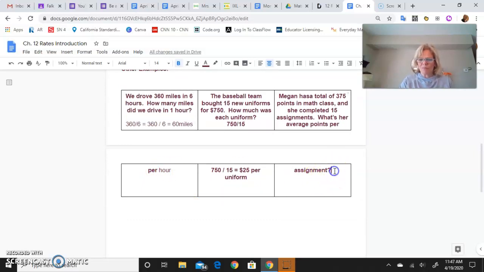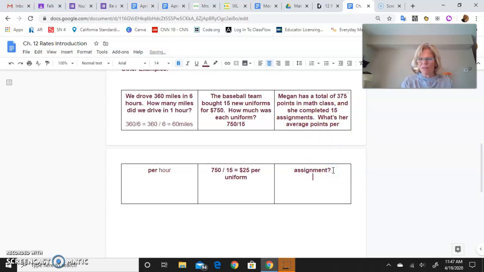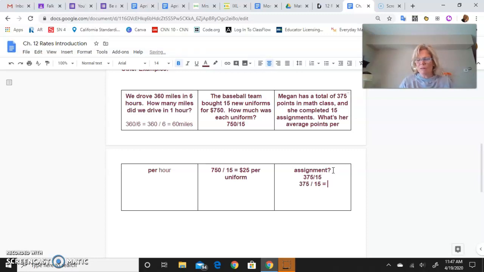Okay, last one. In math class, Megan has a total of 375 points in math class, and she has completed 15 assignments. What is her average point per assignment? Well, she has a total of 375 points, and she has completed 15 assignments. So you're going to do 375 divided by 15 equals, I can't remember what it was.